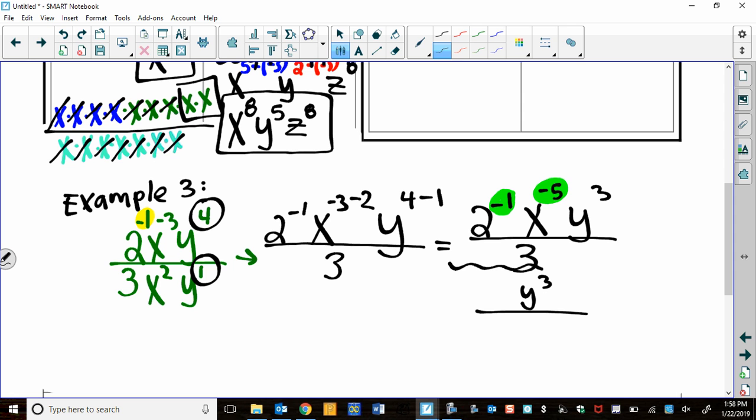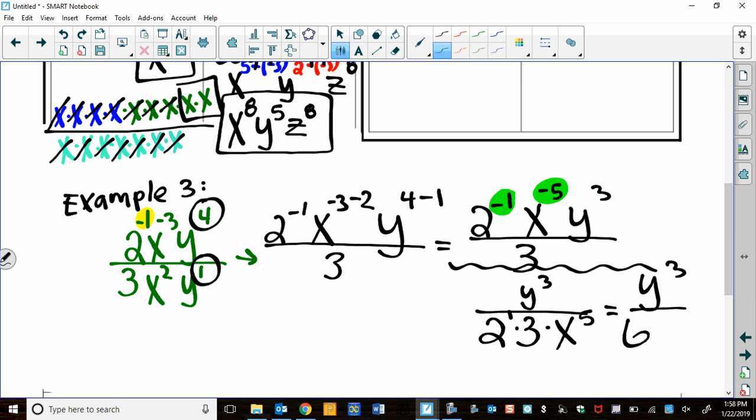Okay, so we'll just do this so you can see the difference. y to the 3rd is already in the numerator. 2 to the negative 1 is really going to go to the bottom here with the 3. And now the x to the 5 power is going to meet them both. If I were to simplify this even more, I have y to the 3rd power over 6x to the 5th power. And that's my final answer.